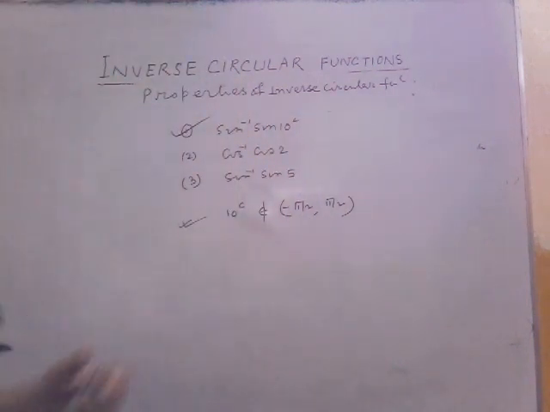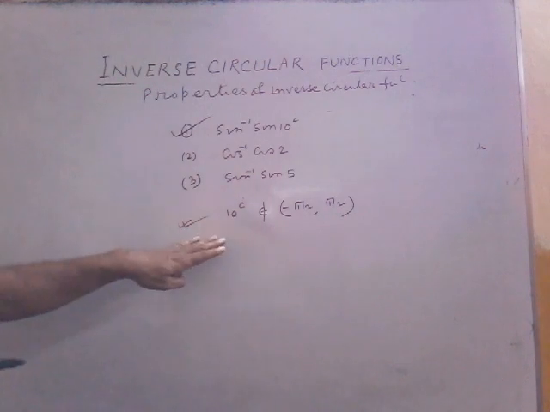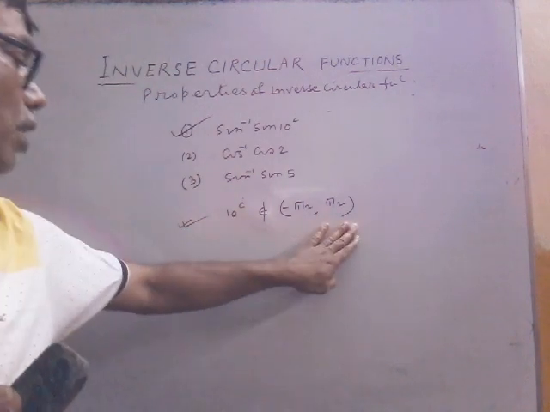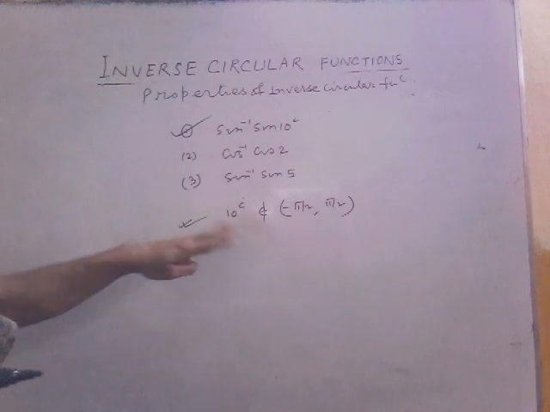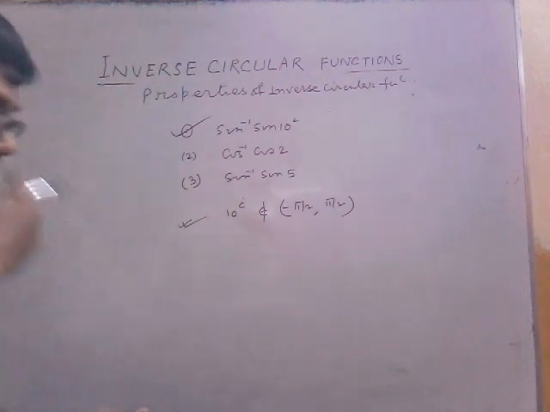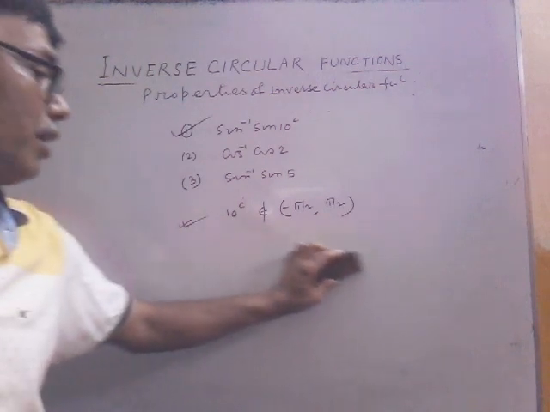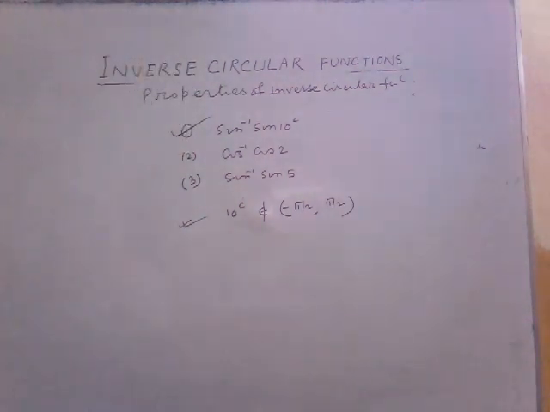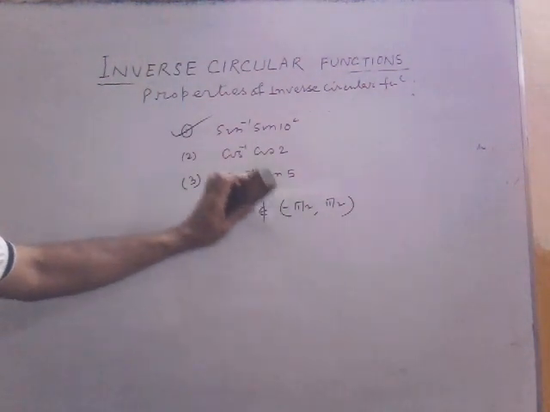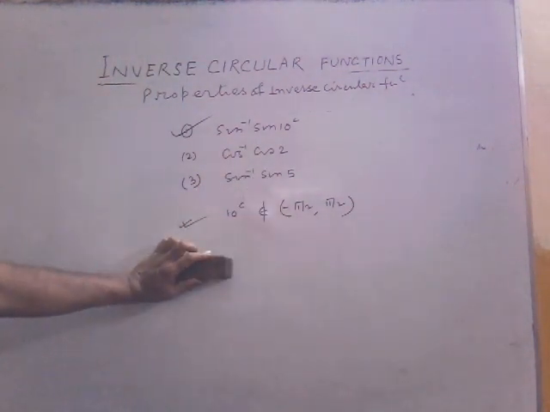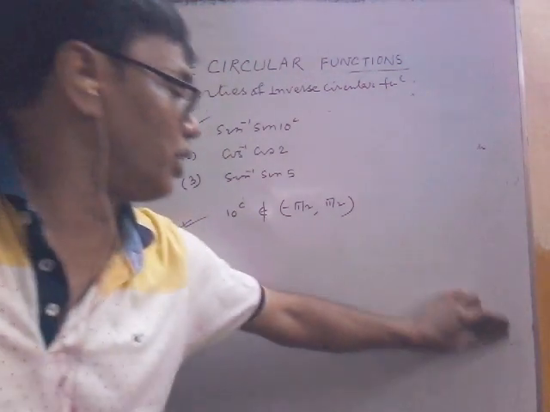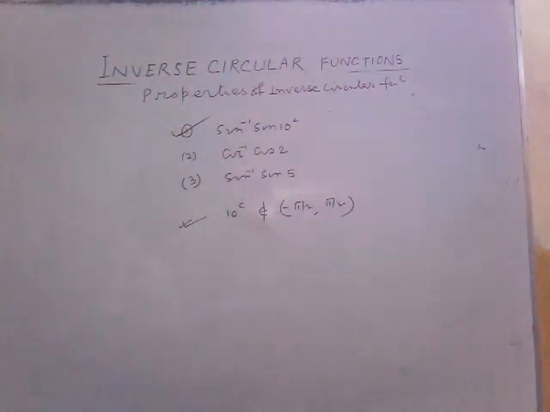So subtracting from pi, 2 pi, 3 pi, you have to find an interval for which it belongs to the principal value.